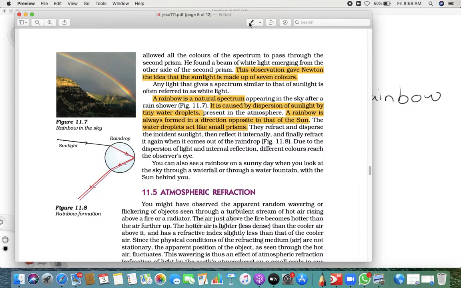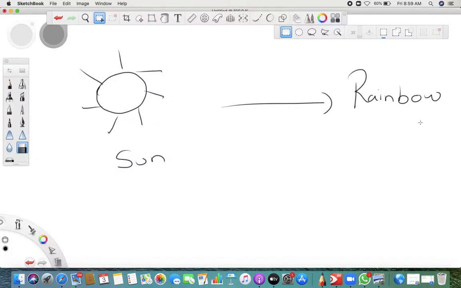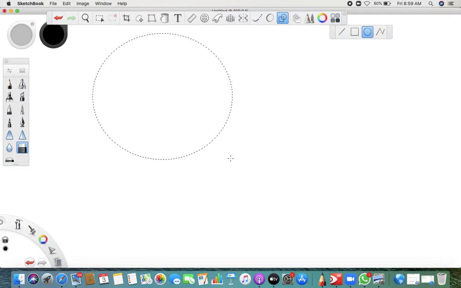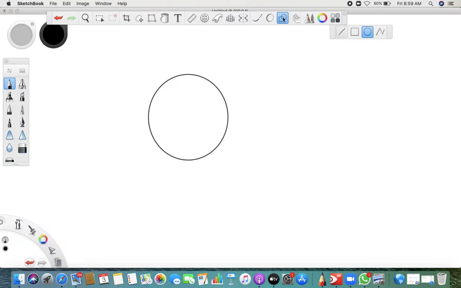Now what happens inside the raindrop? First of all, understand that. Let's say this is your raindrop. Now what happens whenever white light comes? The first thing that happens is the light bends.